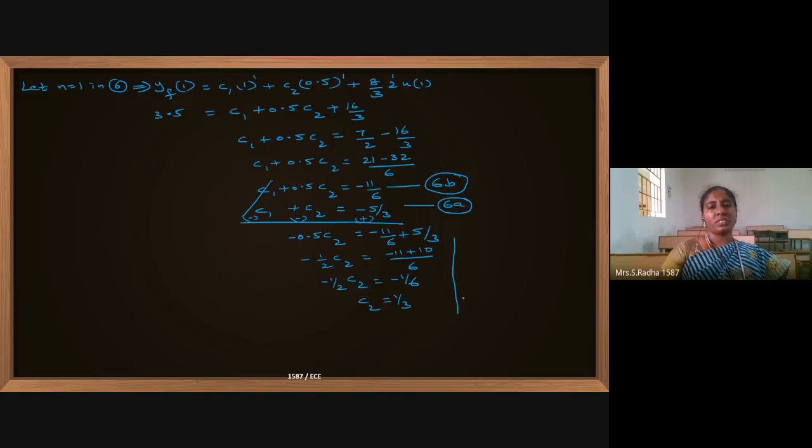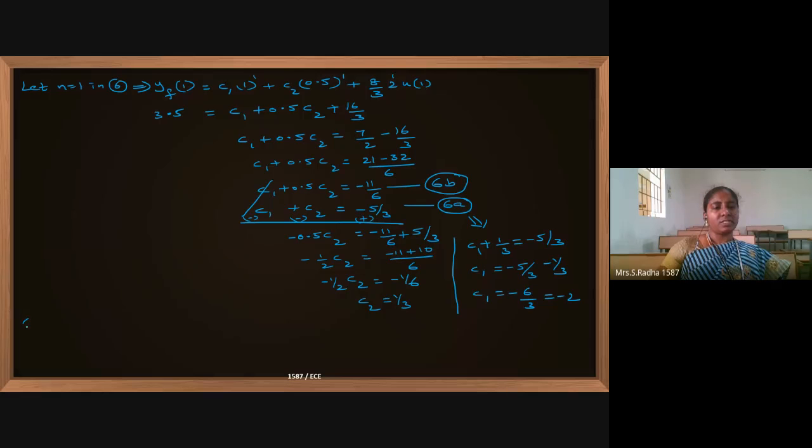If you use this C2 value 1 by 3 in equation 6a, C1 plus 1 by 3 equal to minus 5 by 3, C1 equals minus 5 by 3 minus 1 by 3, and C1 is minus 6 by 3, whose value is minus 2.